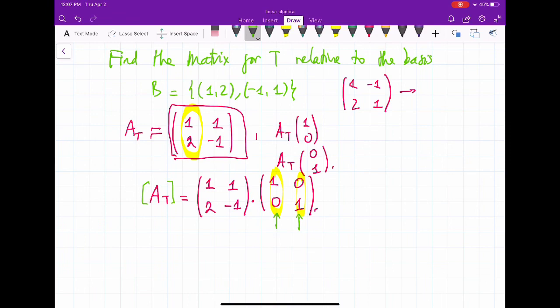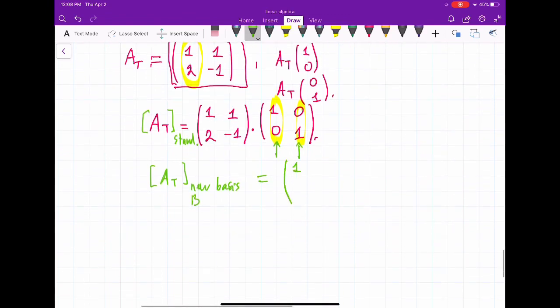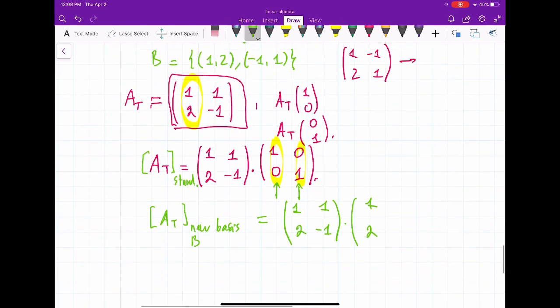So I would write like this. This is the matrix of T with respect to the standard basis. Now I want to find the matrix of T with respect to the new basis B, which is equal to the standard representation of T, right, multiplied by 1, 2, that is the first vector in B, and negative 1 and 1.